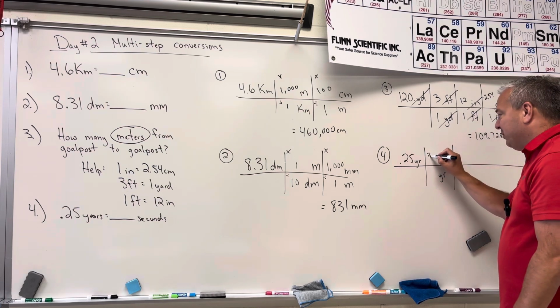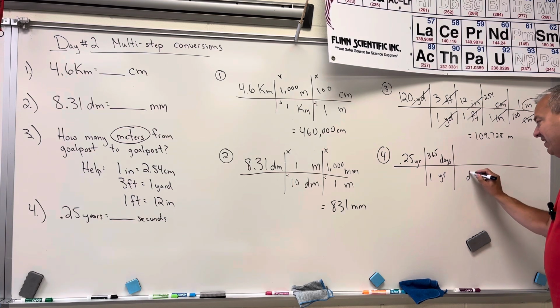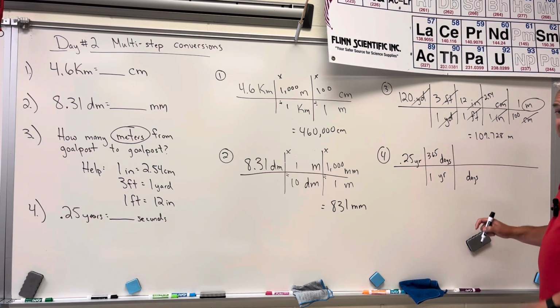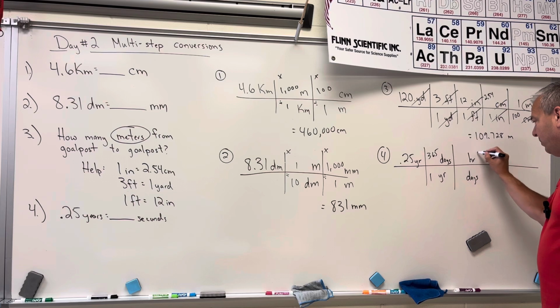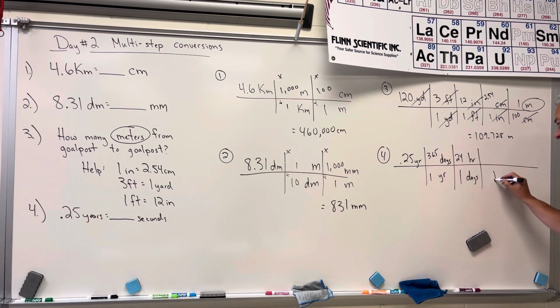And we know that there's 365 days in a year. Then days to hours. We know that there's 24 hours in a day. And then hours to minutes. There are 60 minutes in an hour. And then minutes to seconds, and there's 60 seconds to a minute.